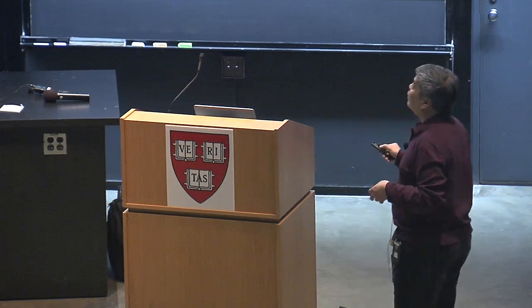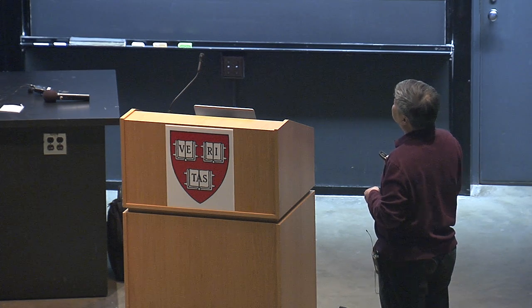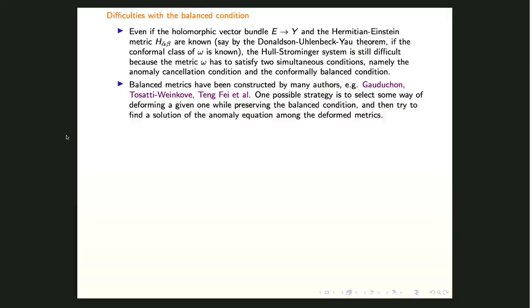So how can one try to solve this system? Well, we can try to take inspiration from what happened in the Kähler case. What one could perhaps do is pick a conformally balanced metric to begin with, and then try to deform it in a way that preserves this conformally balanced condition.